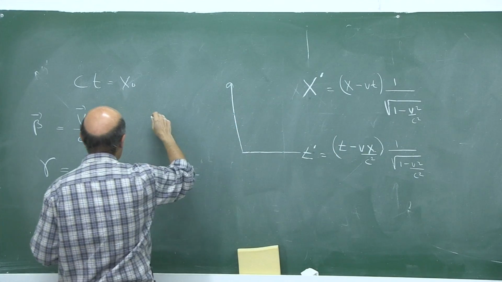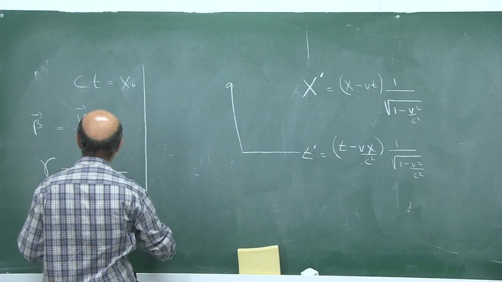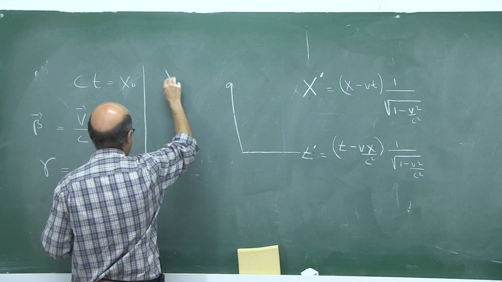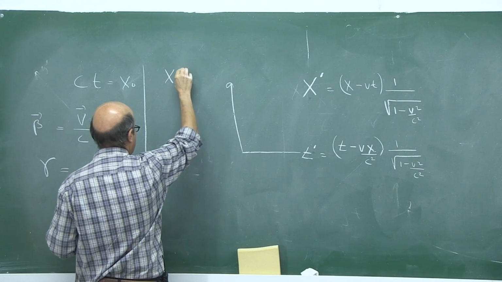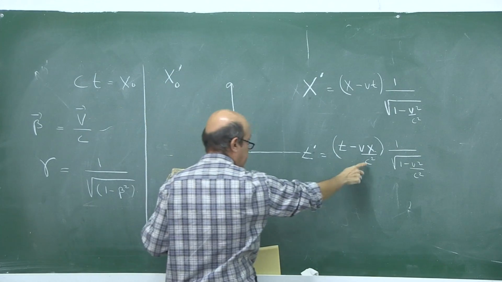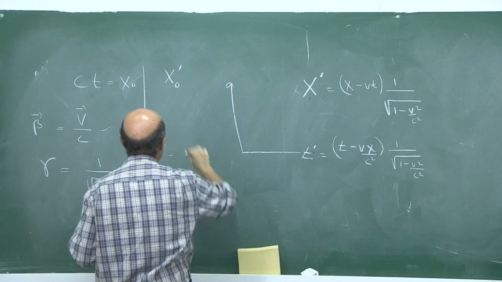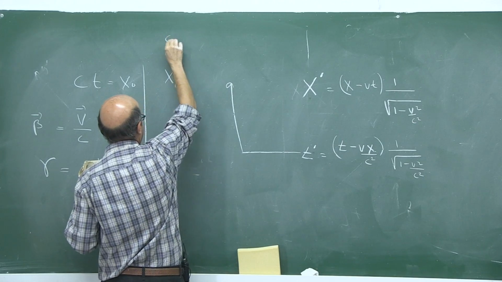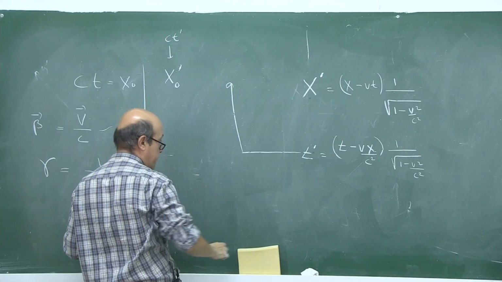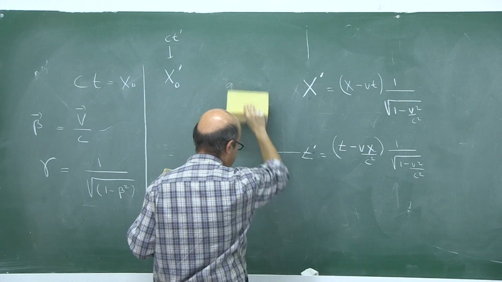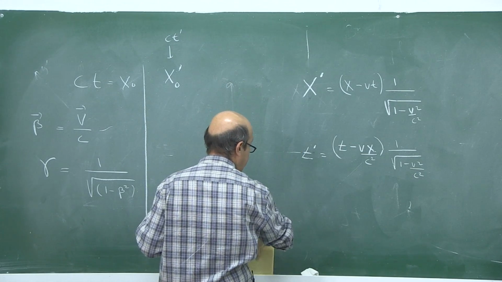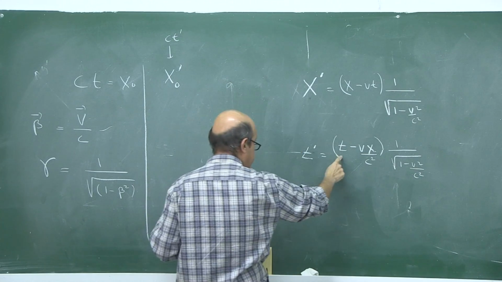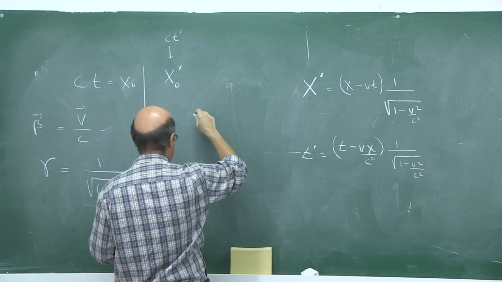Ct prime is called x0 prime. So if you multiply one of the c there, that is ct prime in your book presentation. And the leftover is c times t.